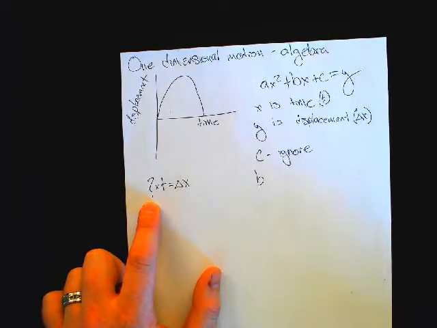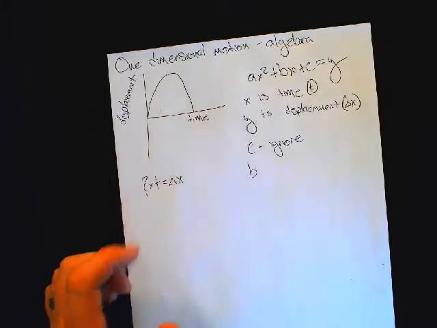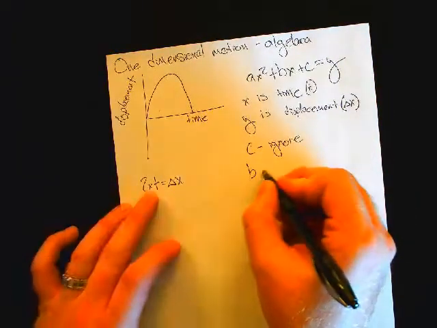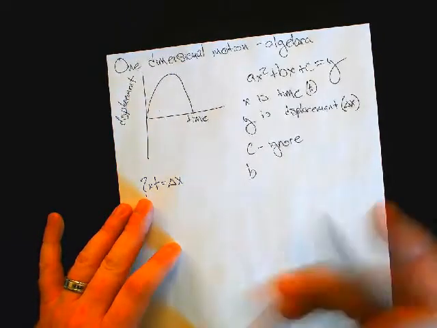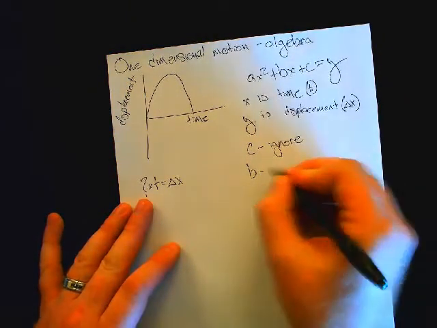You should be able to see it. Anybody find it? Excellent, velocity. So B must then be the velocity at the start of our motion.